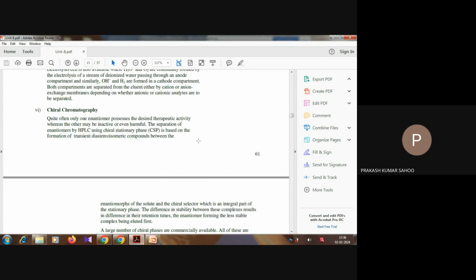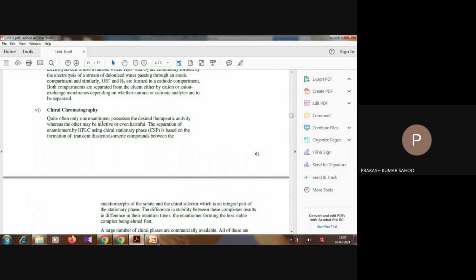So after this, chiral chromatography. In chiral chromatography, what happens? The packaging material is a chiral organic compound. So what is a chiral organic compound? In an organic compound, a carbon is said to be chiral when it is bonded to four different groups.